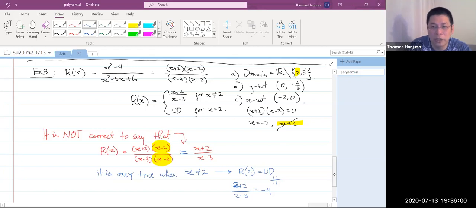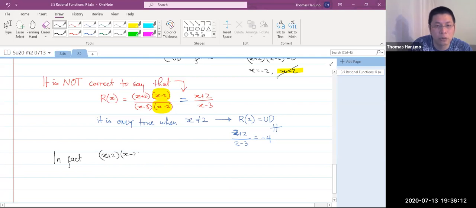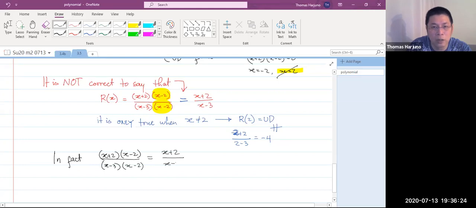Now, to be more detailed, let me use black color. In fact, (x plus 2)(x minus 2) over (x minus 3)(x minus 2) is equal to (x plus 2) over (x minus 3) everywhere.